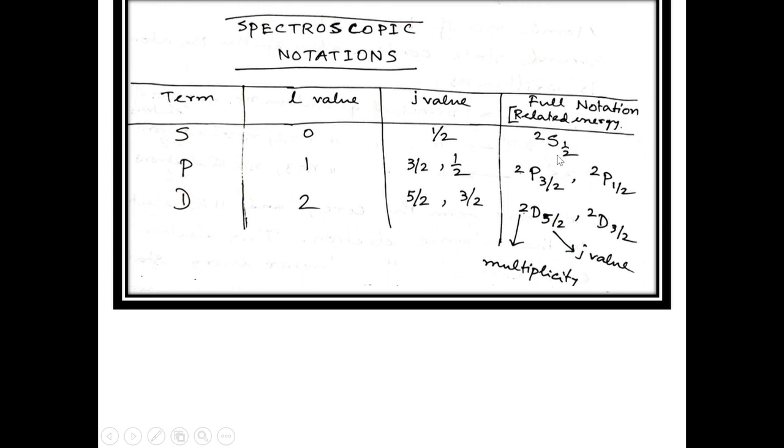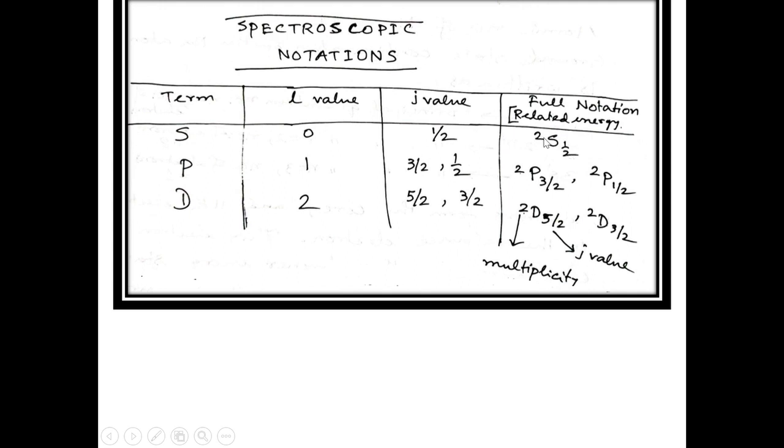This position we designate as its multiplicity, and this position we designate as its J value. So this spectroscopic notation will be represented by S level with multiplicity 2, and here J value half.